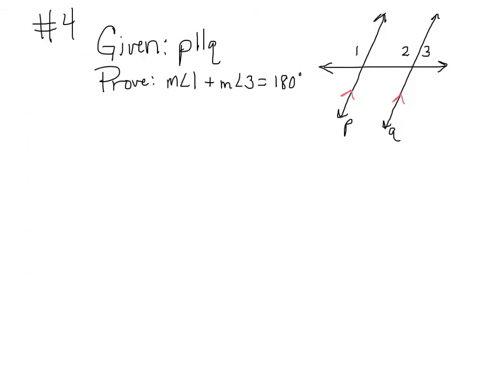Example number 4, we're going to actually solve a proof. So in number 4, we are given that P and Q are parallel. I want to prove that the measure of angle 1 plus the measure of angle 3 equals 180 degrees. So let's start with our proof.